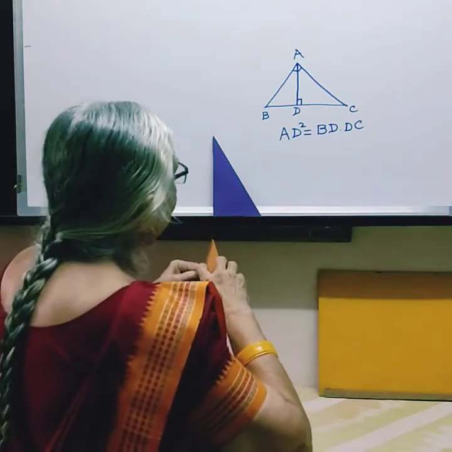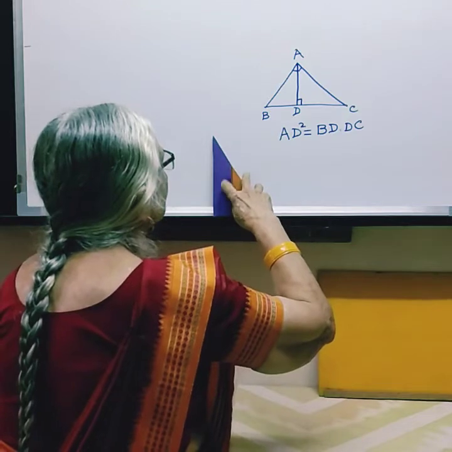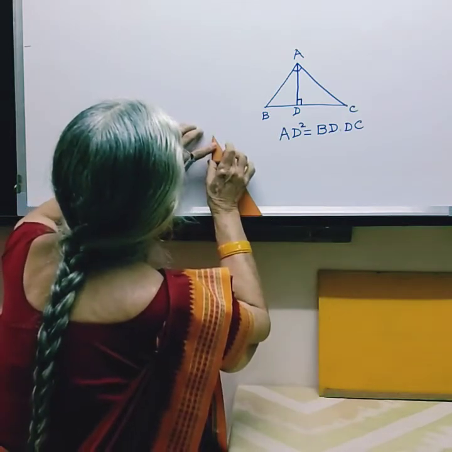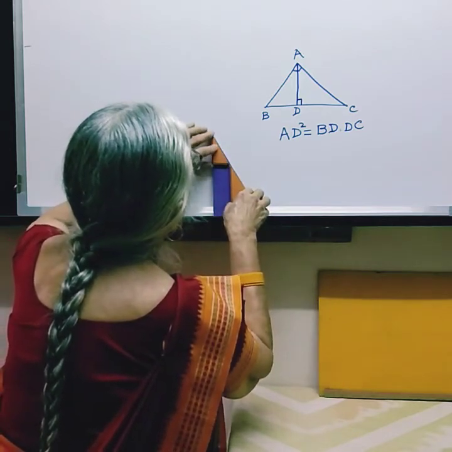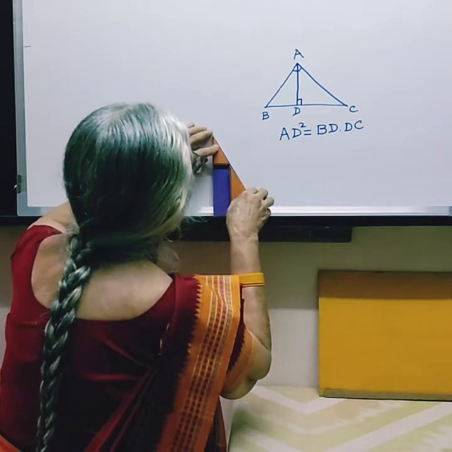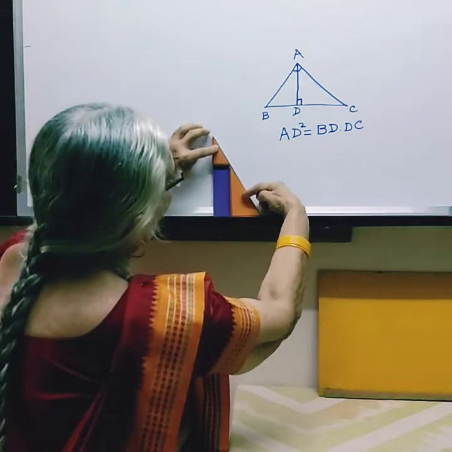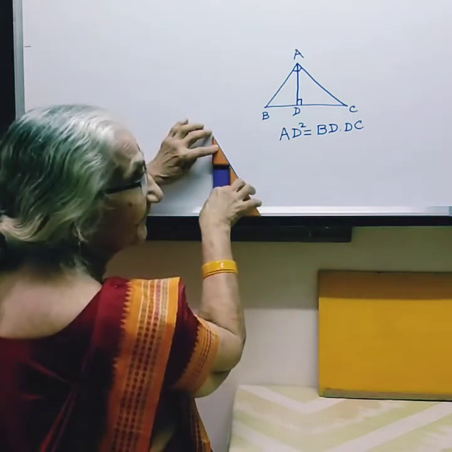What we do is, we fit the two orange triangles at the two acute angle vertices, the right angle remaining free.